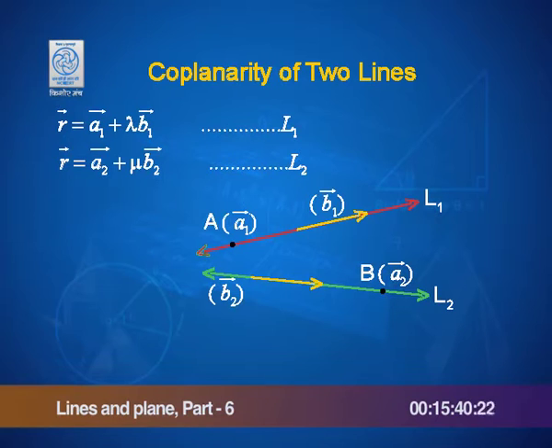Similarly, the equation of L2 means that the line is passing through the point B with position vector a2 and is along the vector b2.